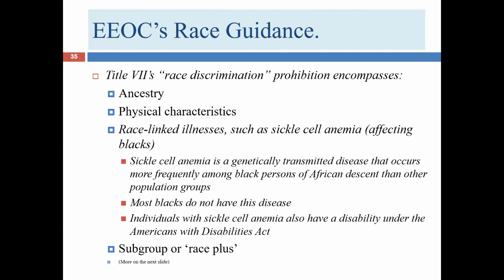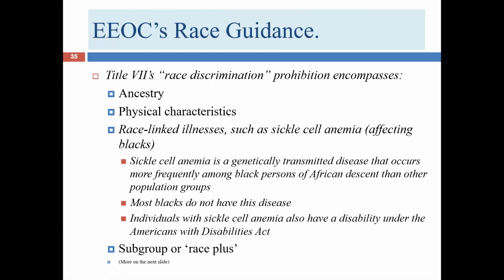So if an employer were to say, well, we're not going to hire people with sickle cell, that would definitely have a disparate impact upon the African American community. Also, sickle cell anemia can absolutely be a disability under the Americans with Disabilities Act, so there would be the need to reasonably accommodate people with that diagnosis.